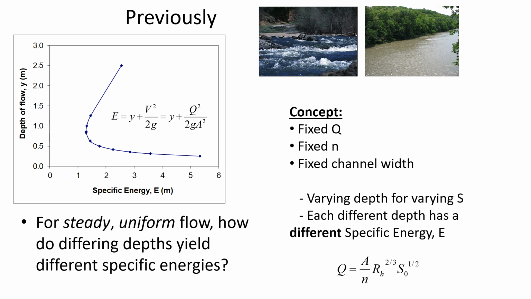What we are going to see is that you can have different slopes that give different specific energies, but there are also other things besides changes in slope that adjust where you're at on this specific energy diagram.